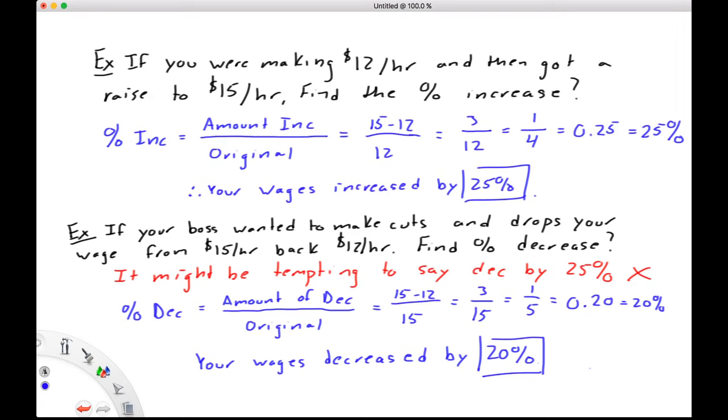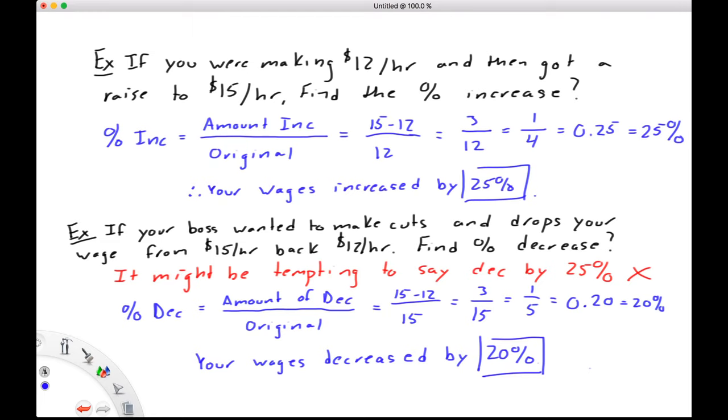And so it's going to be important to make sure that you use these formulas for percent increase and percent decrease when you actually compute these. They are defined very specifically in this way. You can't increase by 25% from 12 to 15 and then decrease by 25% to go back from 15 to 12.